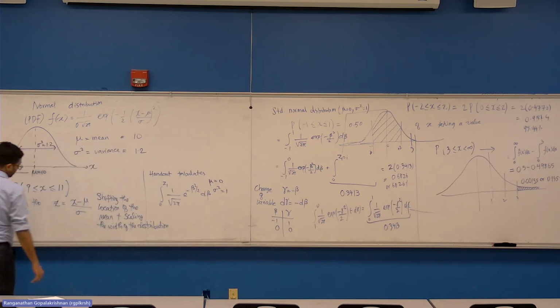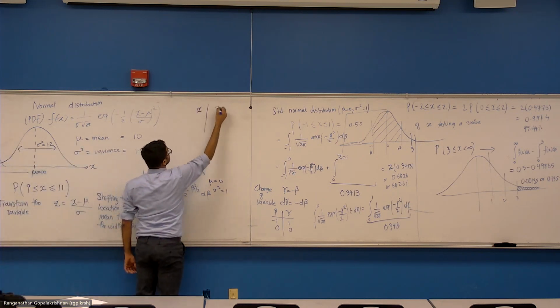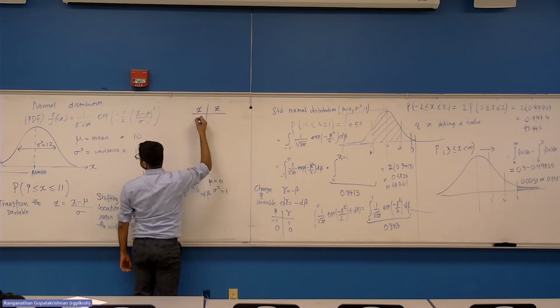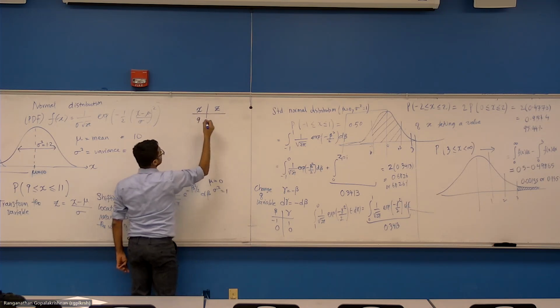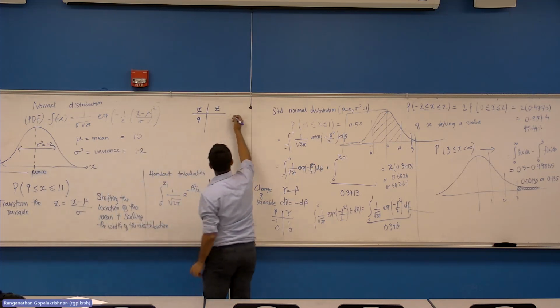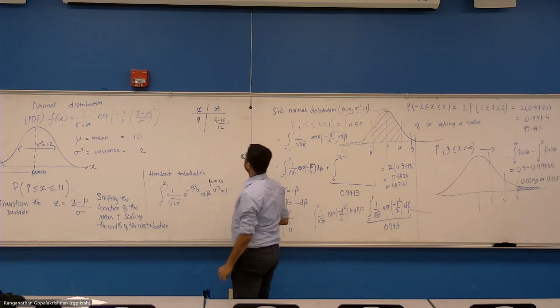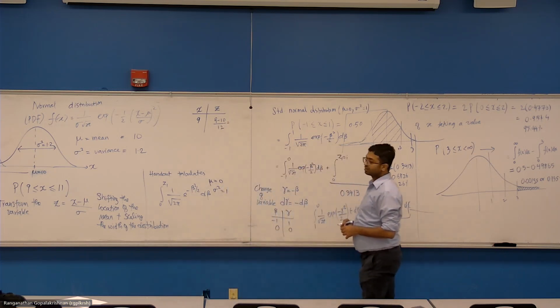Okay, so we are doing this shifting. You have gone from x to z. You then need to make this chart of x and z. If x is 9, what will z be? Z will be 9 minus 10 divided by 1.2. Can you tell me what that is?